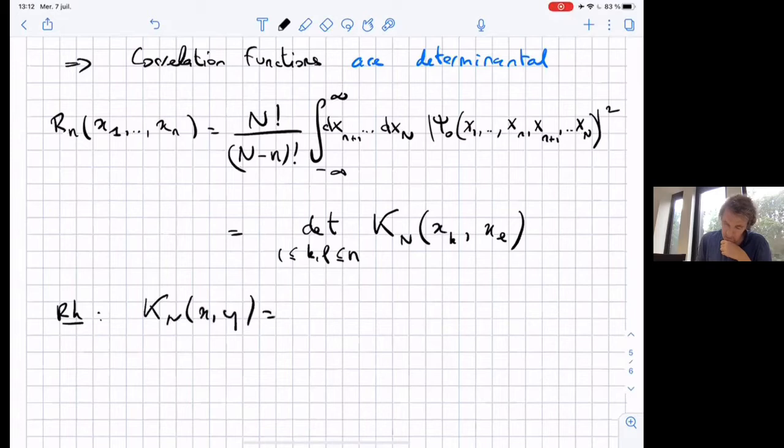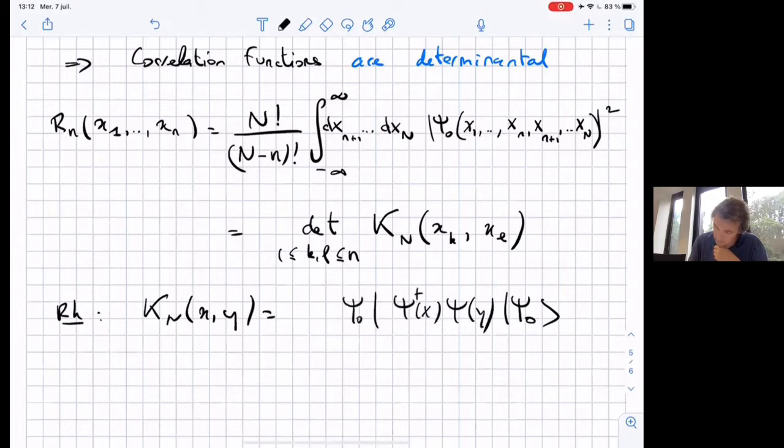You can also write this correlation function in a second quantized version. So suppose that I have the ground state, this is my ground state. So in second quantization form, for those of you who don't know, forget about it, but this is just to connect this result to maybe more familiar ones that you have seen before.